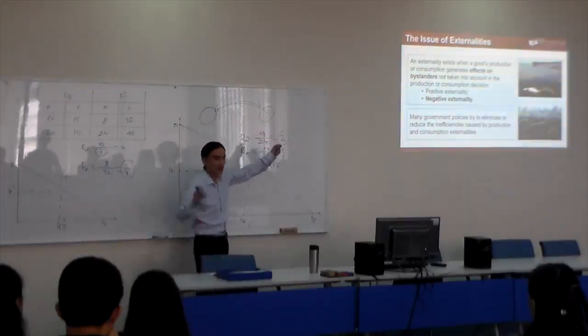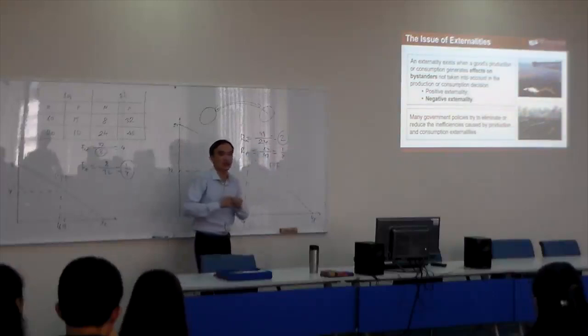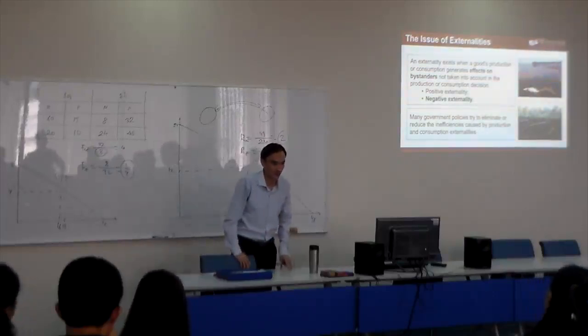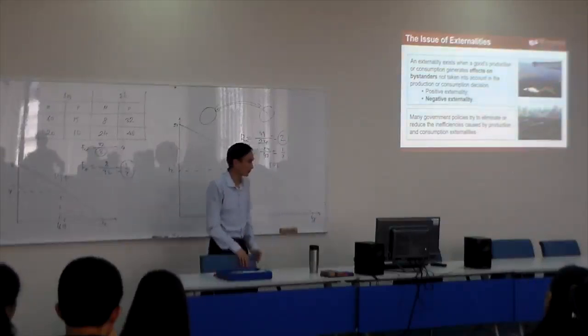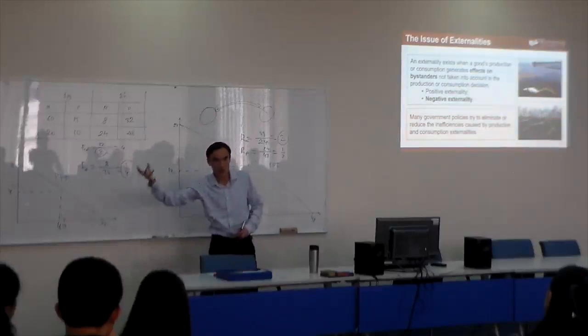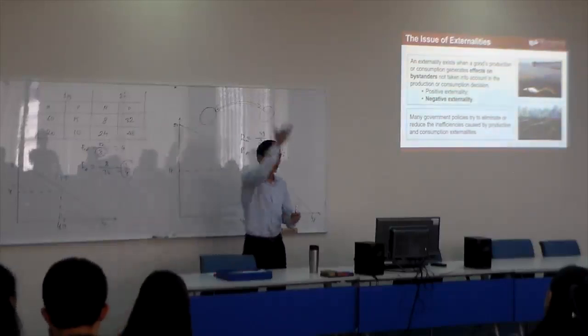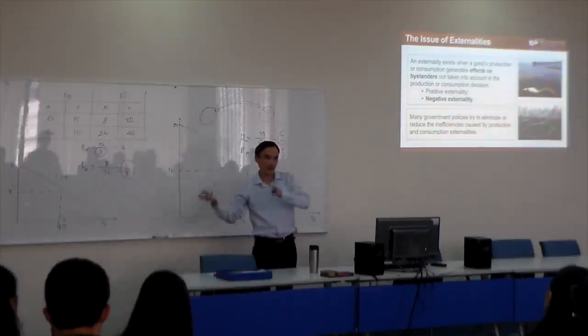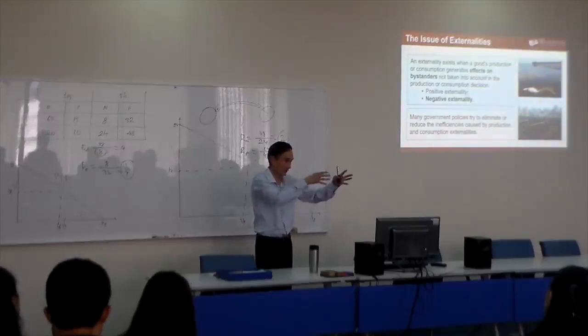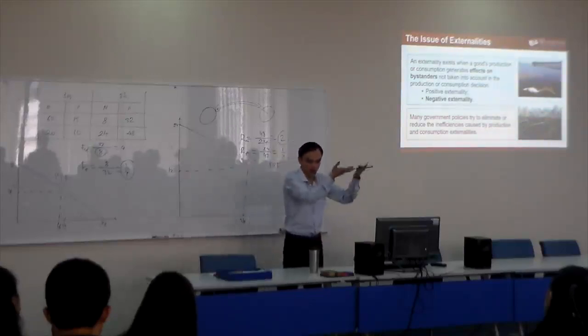Do you understand? And sometimes it causes a positive externality too. For example, if one investor wants to invest in one region, he's going to open a company, right? And he hires people, and as a result, income in that region will go up.